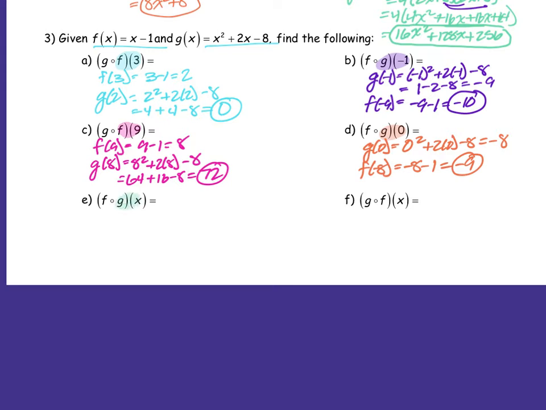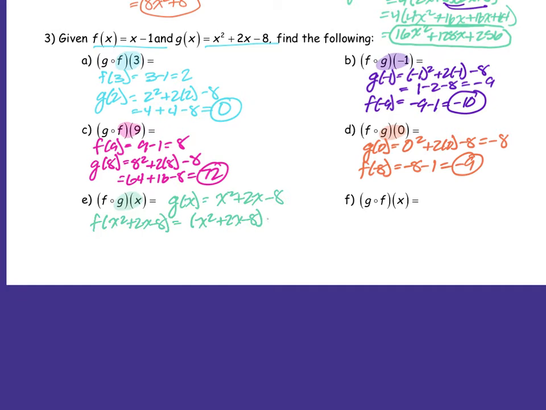And we're going to find g of x. I'm going to write over here because I'm running out of room. So I've got g of x is x squared plus 2x minus 8. And then I want to find f of x squared plus 2x minus 8, which is going to be x squared plus 2x minus 8.